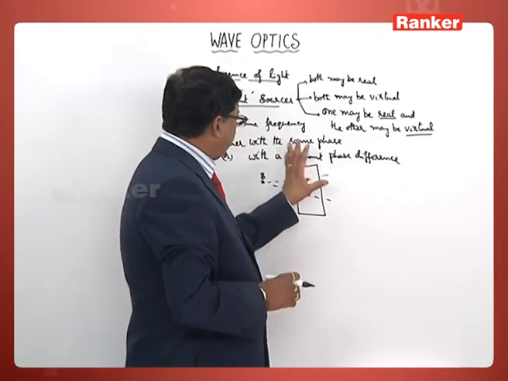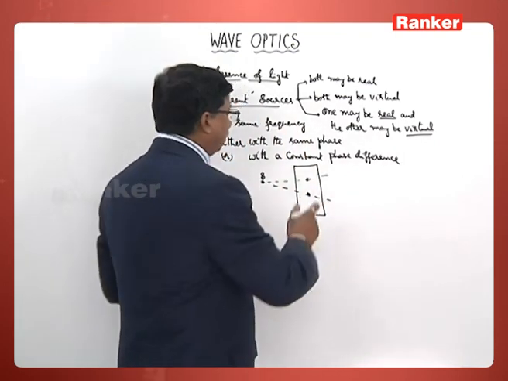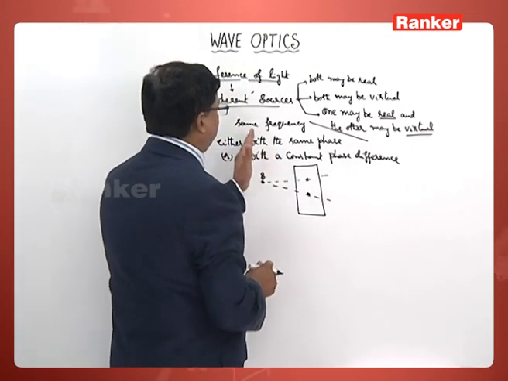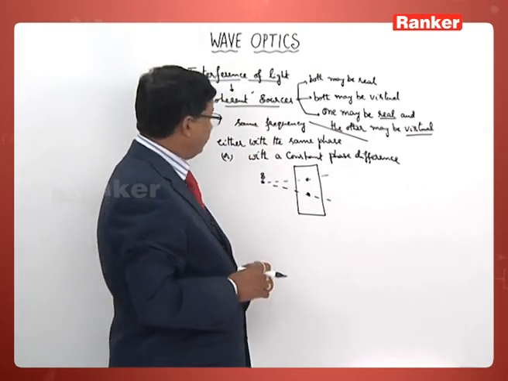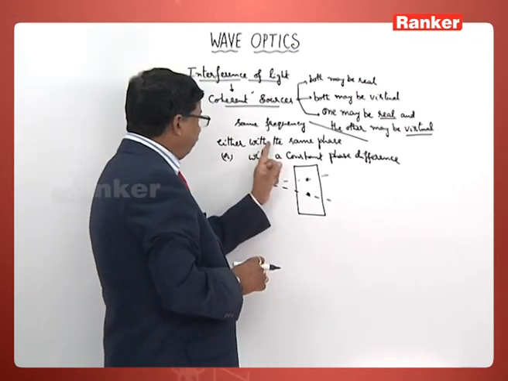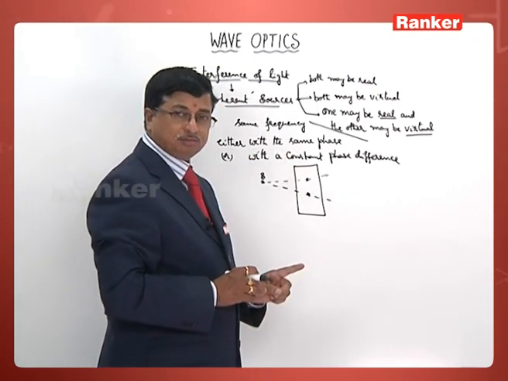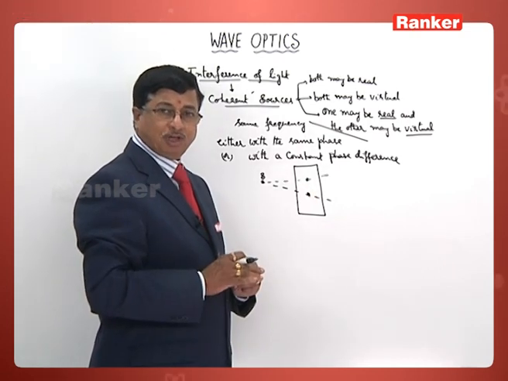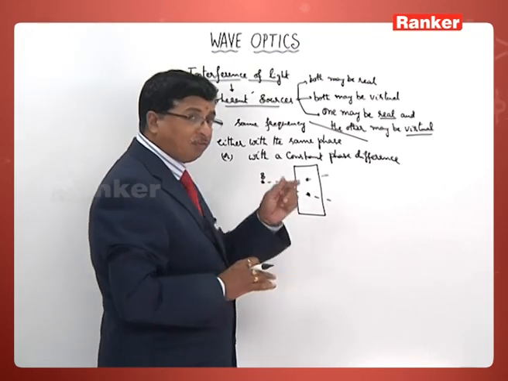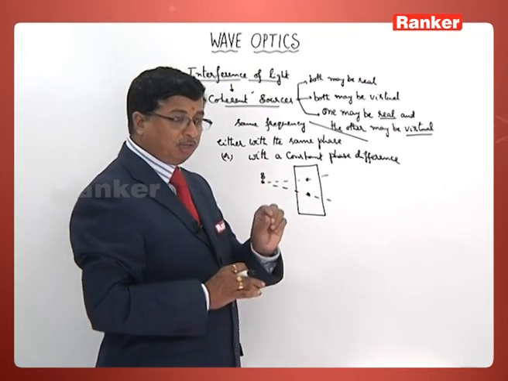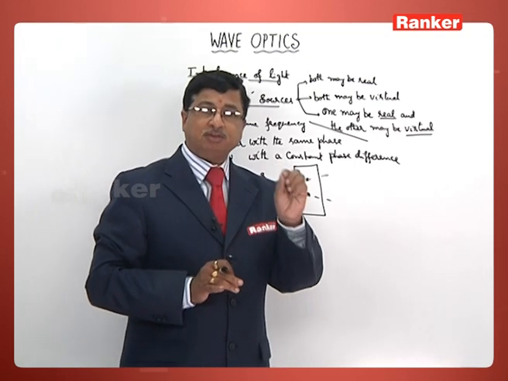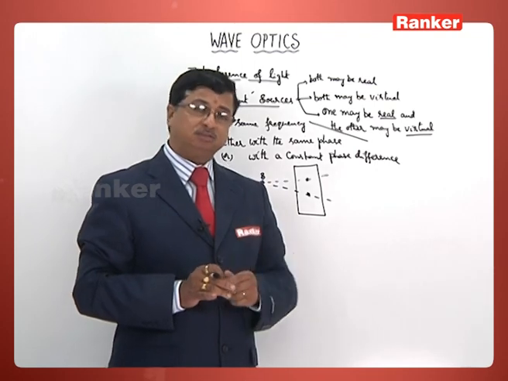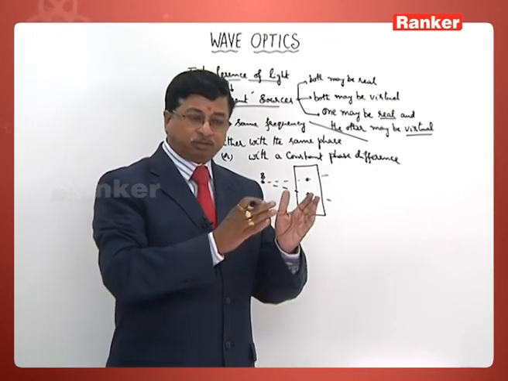But the conditions are supposed to be satisfied. What are the conditions here? They should send waves of the same wavelength with the same frequency. In addition to that, either with the same phase, with no phase difference between them at all, which is excellent, or else with a constant phase difference. Whatever phase difference we initially observe between them, the same should be continued till the end. That means a constant phase difference.